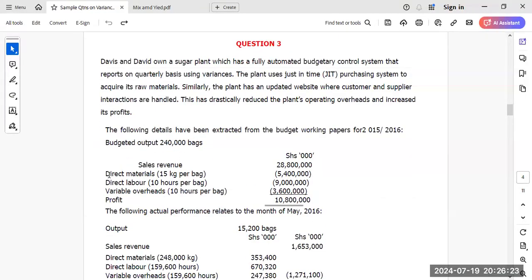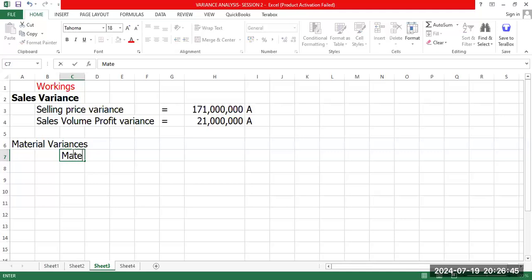They have just given you direct materials. They have not categorized materials, they have just generalized. So in such a scenario, how are you going to get the material variances? What are you interested in? You need the material price variance.